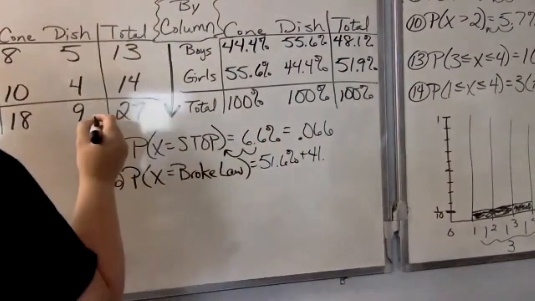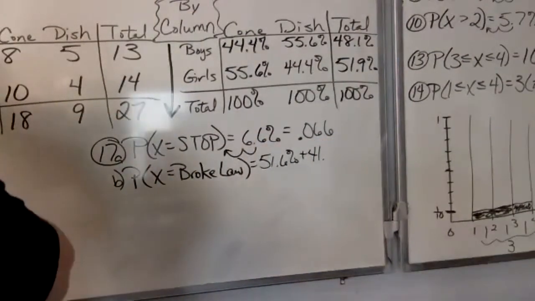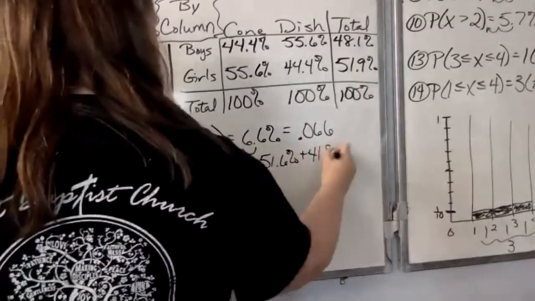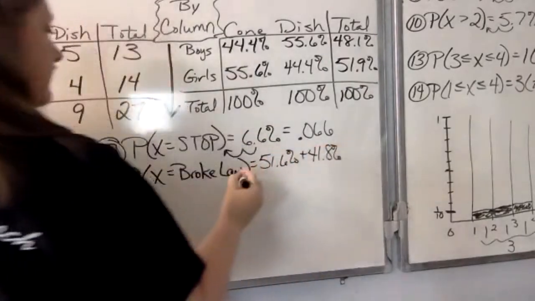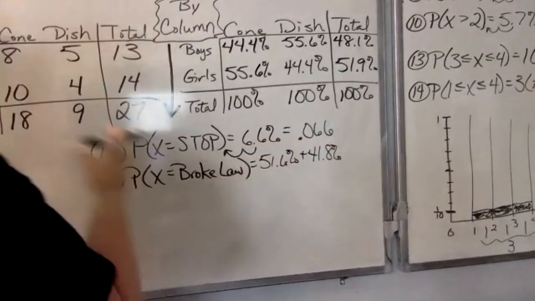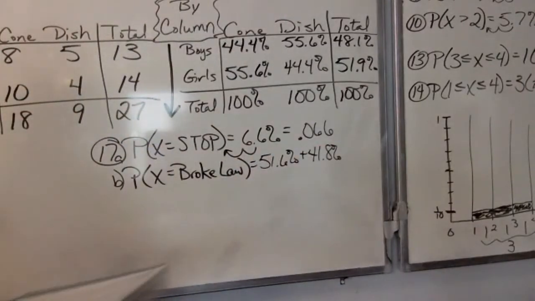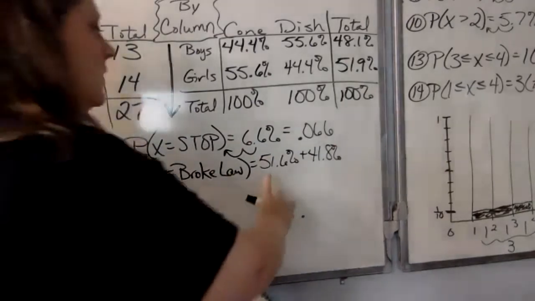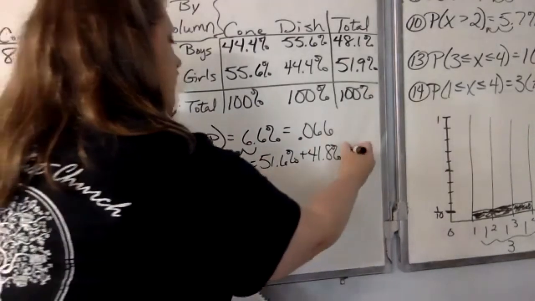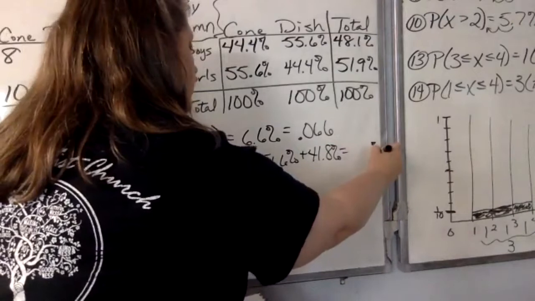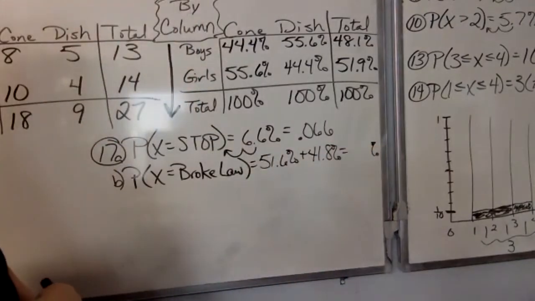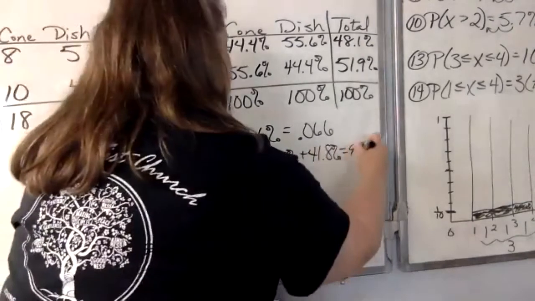Well, good Lord, a lot of these people broke the law. I don't know where they live. Most of them broke the law, didn't they? Okay. So you're going to have to add those two together and then get it as a decimal. So 51.6 and 41.8 is 93.4%.